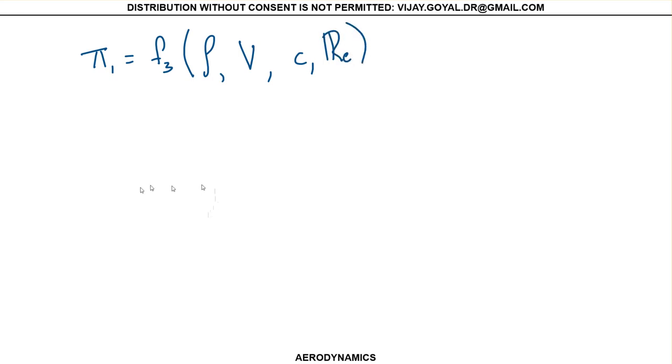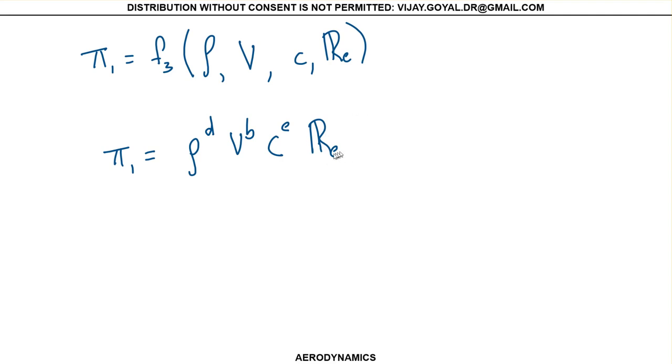So what we're going to do is say pi is going to equal rho to the d, V to the b, c to the e, and then we have the Reynolds number. Remember, this is already a non-dimensional quantity, so we don't have to put another variable on top of that.